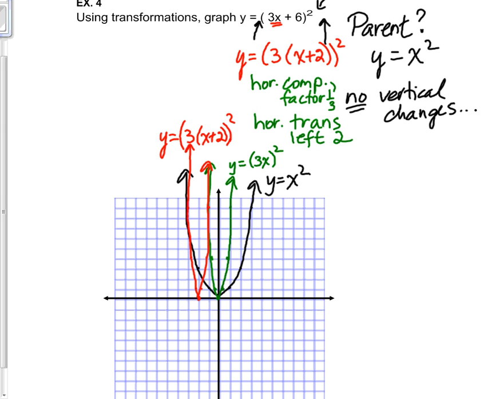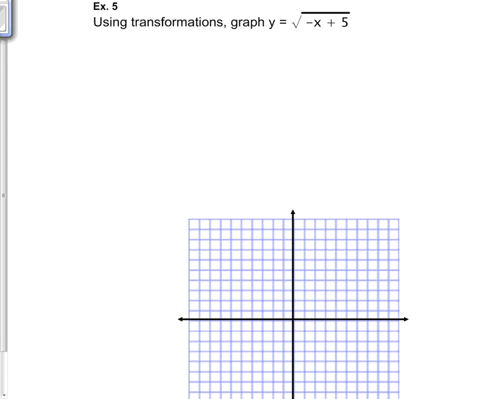For example 5, we have y equals the square root of negative x plus 5. My parent function is y equals the square root of x. So that would be my starting point. I have two transformations, but they are disguised again in this problem.